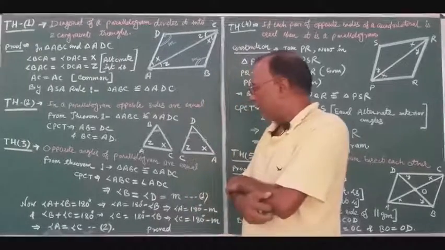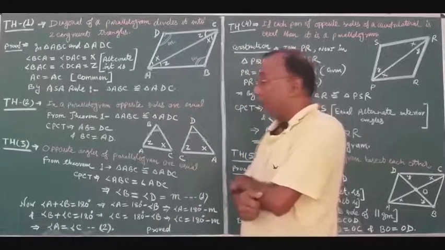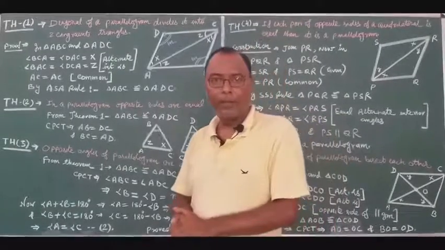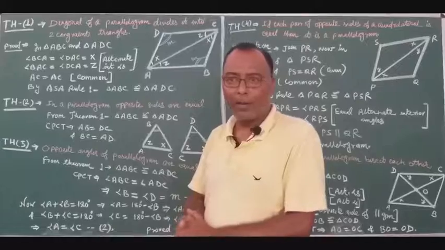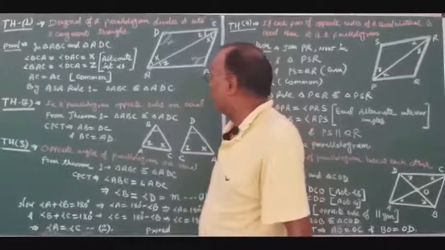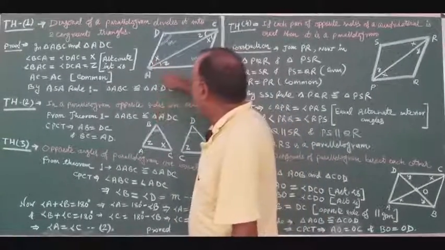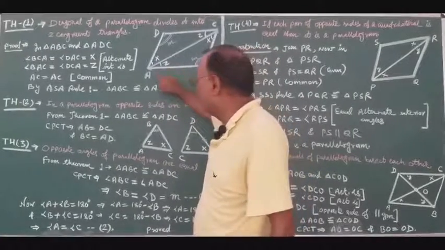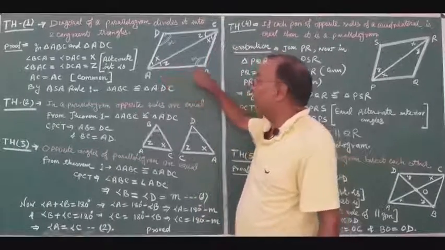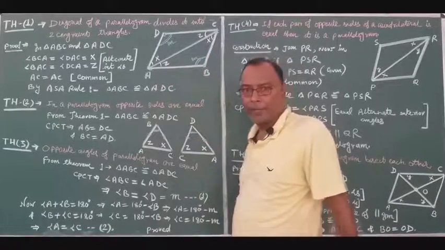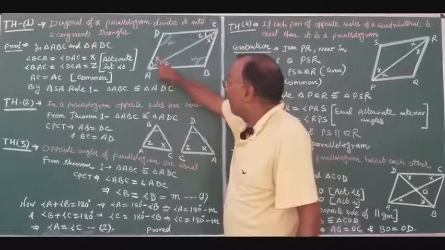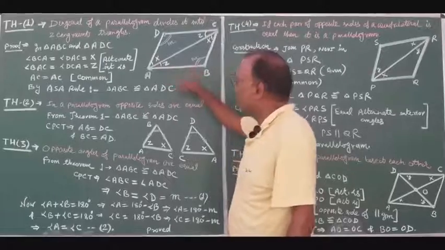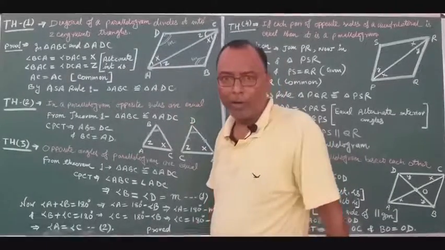Now, there is a property: adjacent angles of a parallelogram are supplementary. So, just look at this angle A and angle B. They are supplementary. These two are the first pair of adjacent angles. Angle A plus angle B will be 180 degrees, because AD is parallel to BC and these two angles are co-interior angles or allied angles.